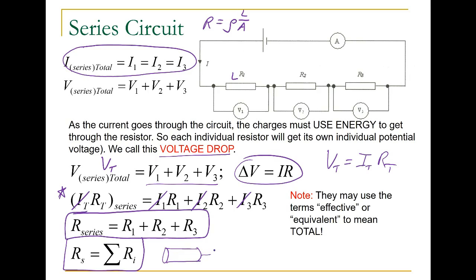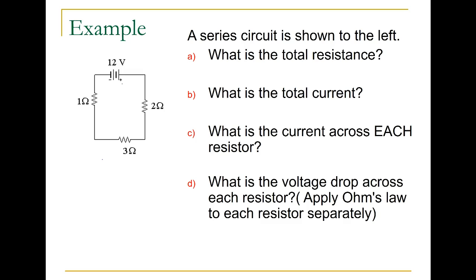So if I take one resistor and connect another one in series and connect another one in series, I'm just increasing L. And so as I increase L, I'm going to increase the resistance. That makes this formula make sense conceptually: as I add resistors in series, the total resistance also increases. Okay, so how about an example?